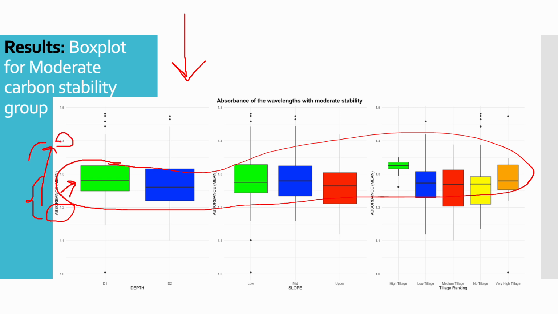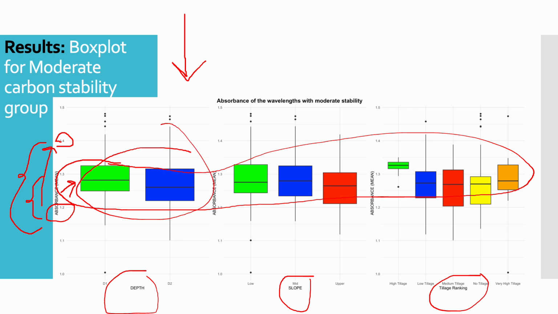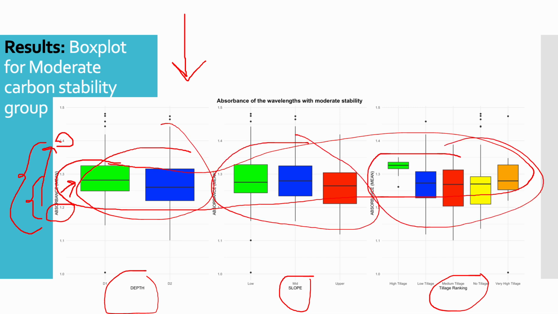In each treatment group, in depth, slope, and tillage ranking, it also remains stable in that range, like this one, and then this one. This indicates no significant effects on the mean absorbance spectra of the archived soil samples from 2019.